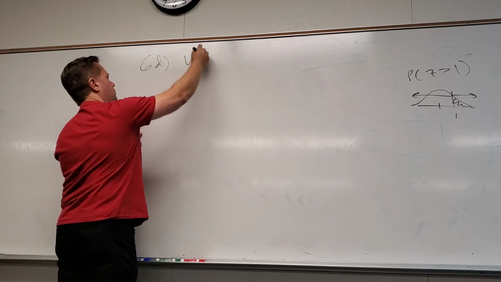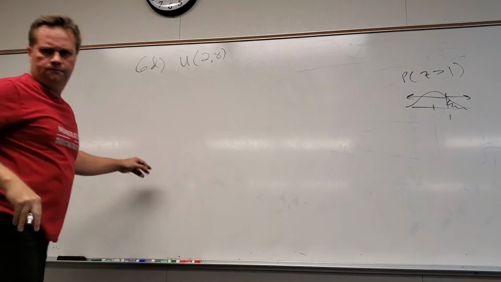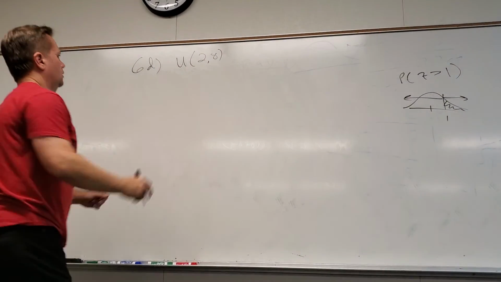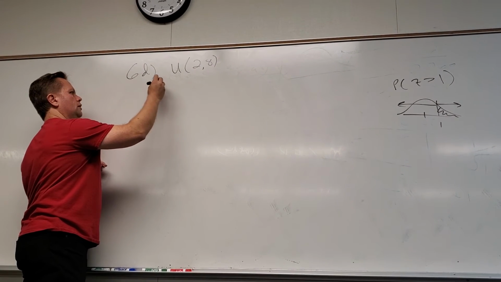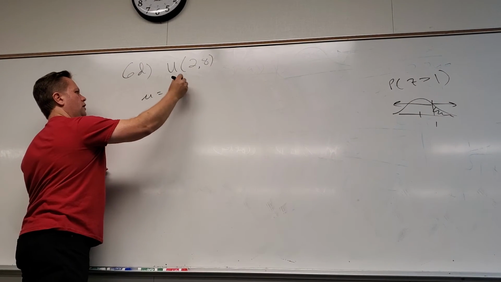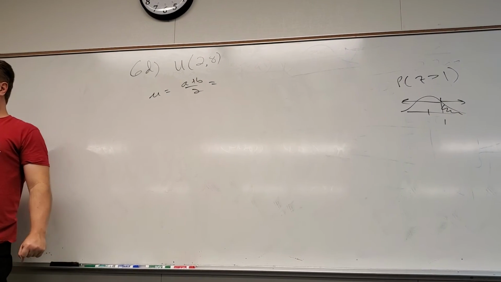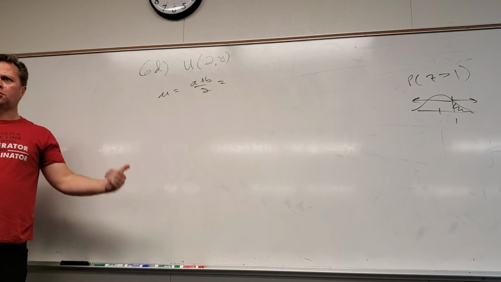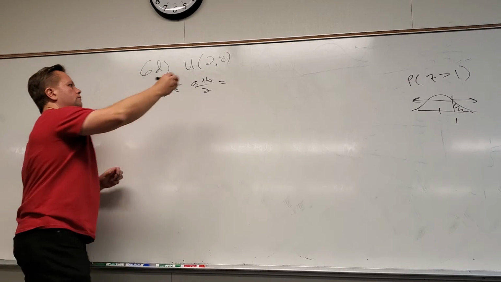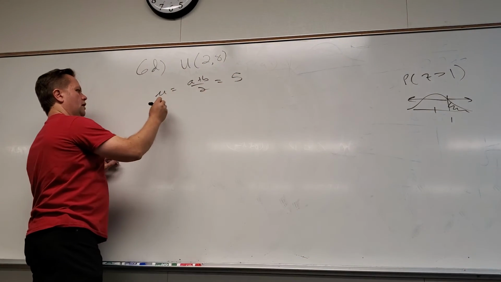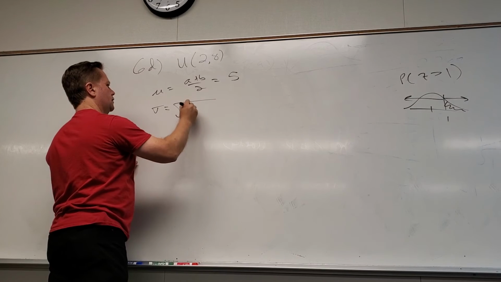So this is a uniform distribution from 2 to 8, right? So the mean is this, which should hopefully just make sense. You have to do this in the homework in a few places. And the standard deviation is this freaky thing.